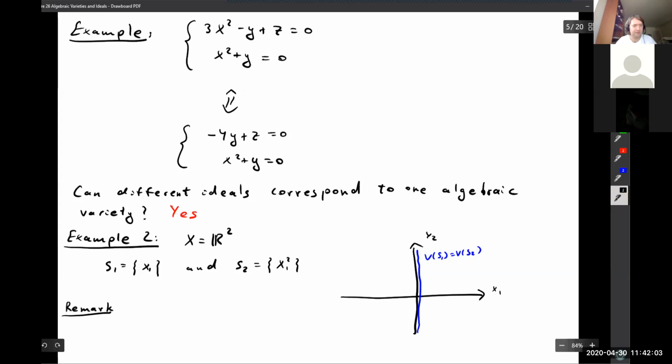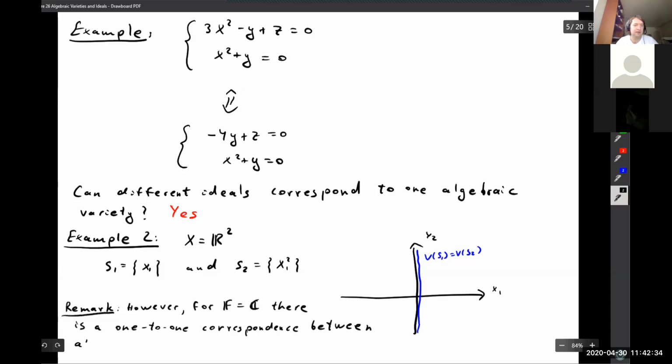Remark. However, for the case when our field is just complex numbers, there is a one-to-one correspondence between algebraic varieties and radical ideals.